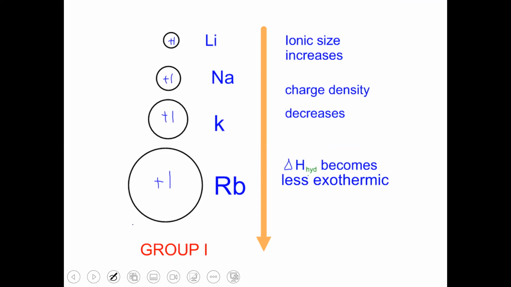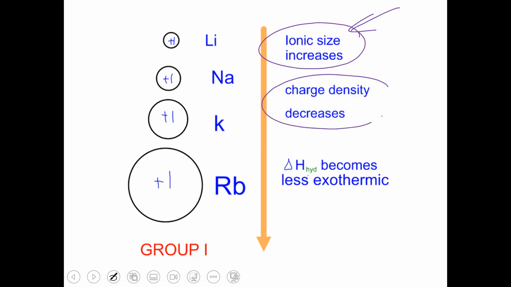Look at the screen. If you are moving down a group, the ionic size increases. When ionic size increases, charge density decreases. So hydration enthalpy becomes less exothermic because hydration depends upon the charge density, electron cloud density.